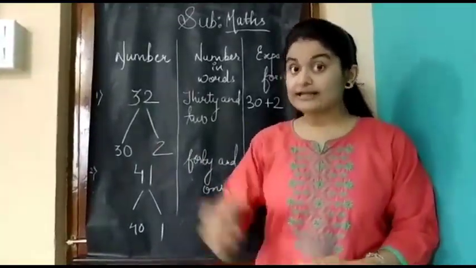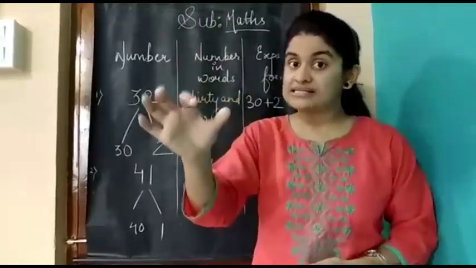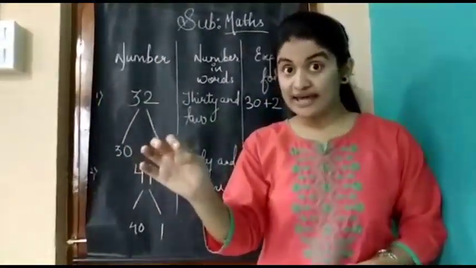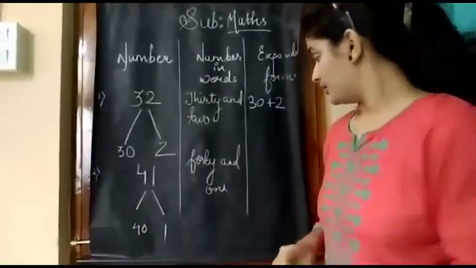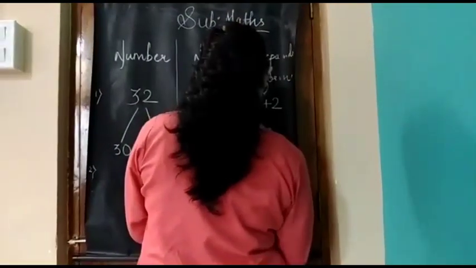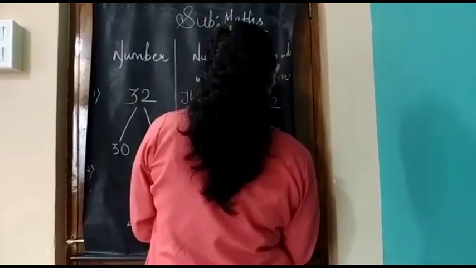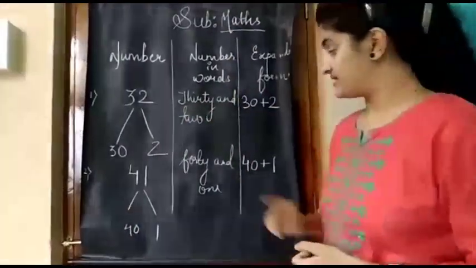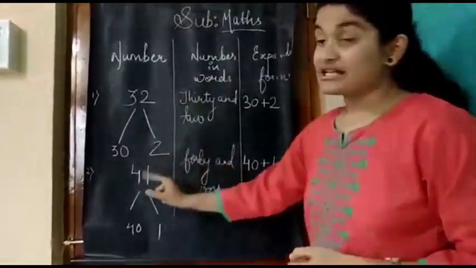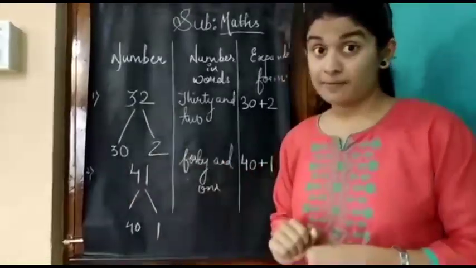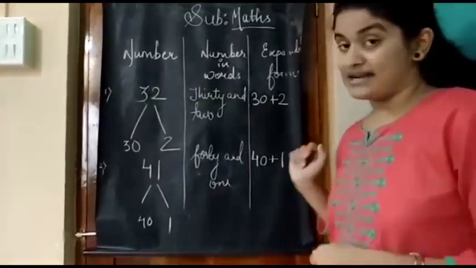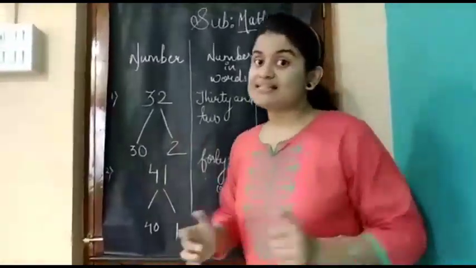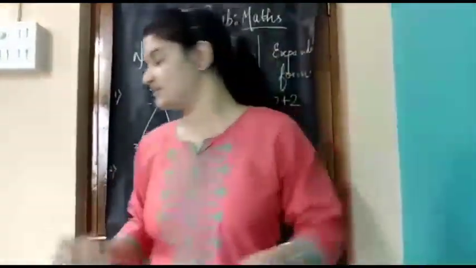Yes, we will write 40 plus 1. Okay? This is expanded form of this number. See students, I have written here the expanded form of this number, that is 40 plus 1. Okay? So students, now let us start the revision.